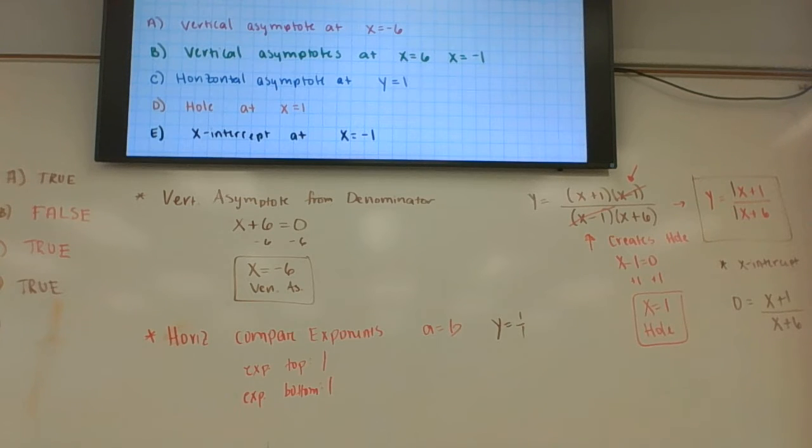At all x-intercepts, y equals 0. So if I have to determine an x-intercept, one thing I can always fall back on is putting a 0 in for y and solving.